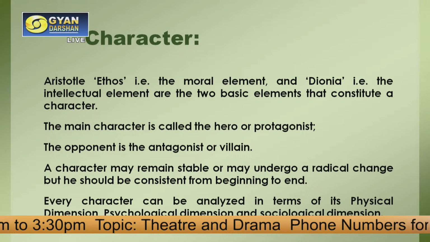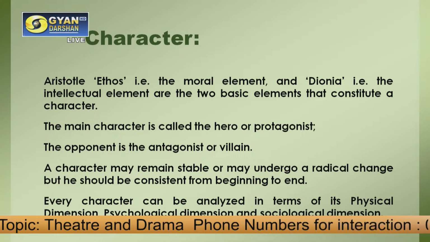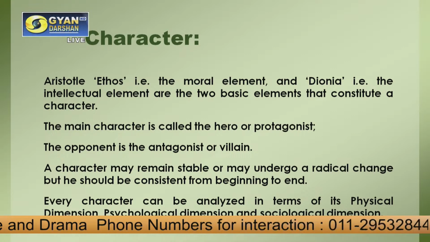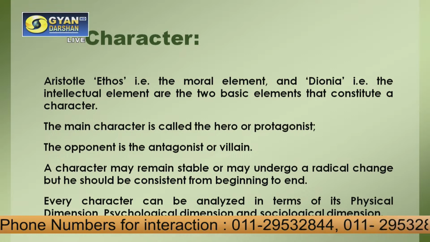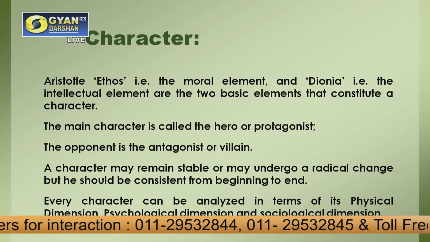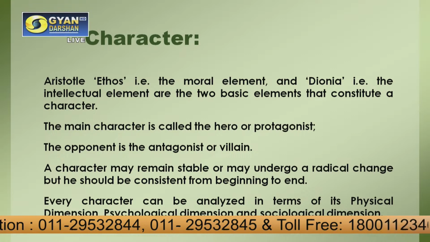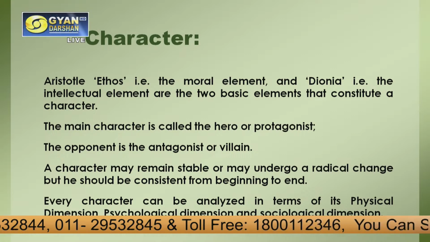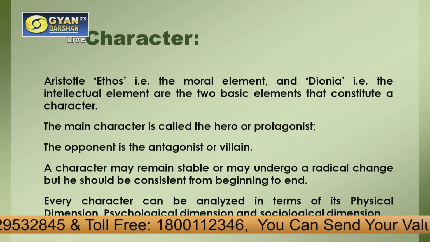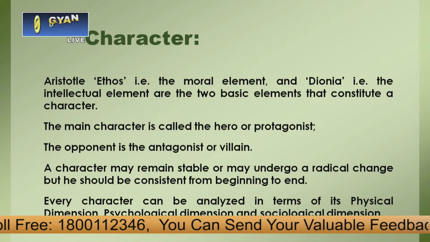The main character, of course, I already told you, is the hero, or he is called the protagonist. The opponent is the antagonist, or we usually call them in general words villain and hero. Hero is the protagonist and villain is the antagonist.